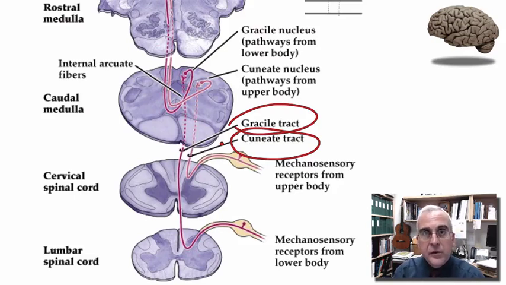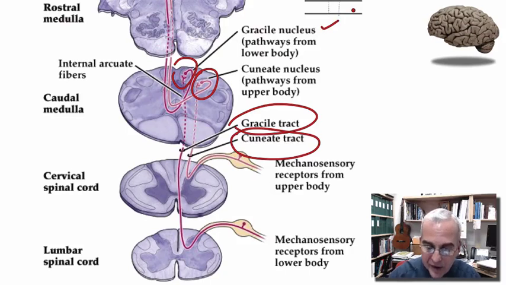The cuneate tract begins to form in the upper thoracic cord and then runs on up through the entire cervical enlargement. And these tracts meet a nucleus at the top of the column. There's one nucleus on top of each tract. There's a nucleus called the gracile nucleus that sits on top of the gracile tract, and then a nucleus called the cuneate nucleus that sits on top of the cuneate tract.